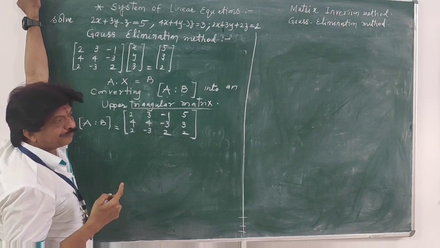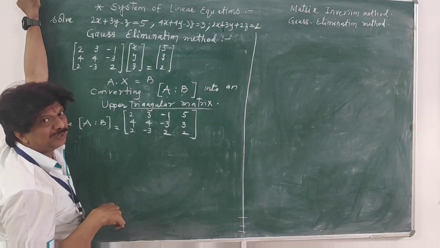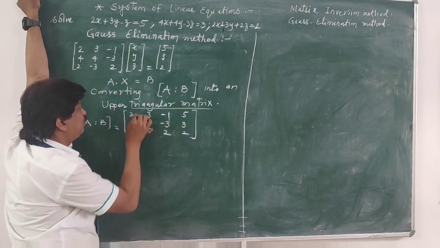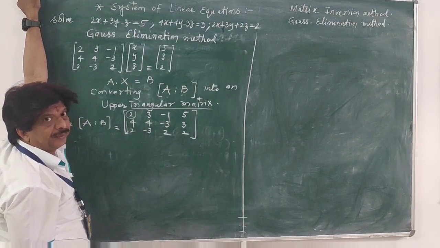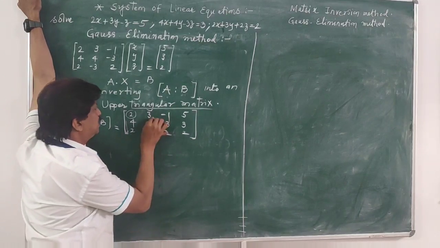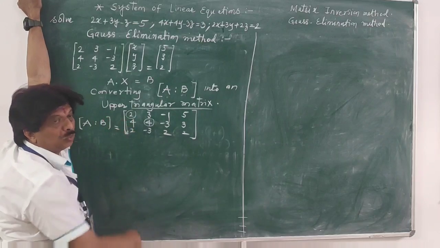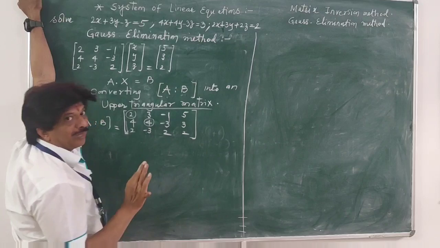Converting any matrix into an upper triangular matrix means converting all the entries below A11, the first row, first column entry, into 0. Number 1. Then convert all the entries below A22, second row, second column, into 0, and likewise.